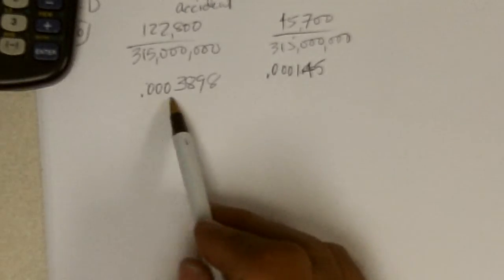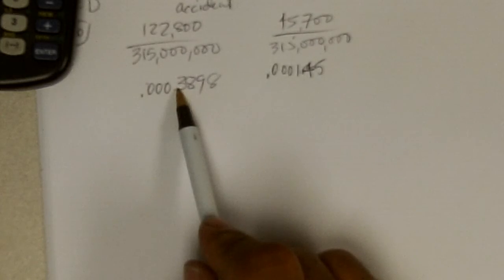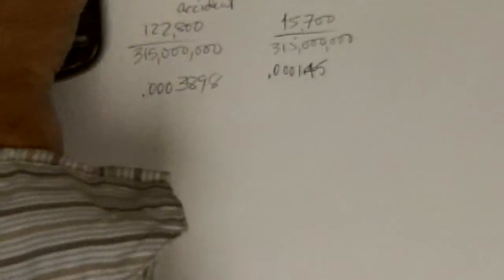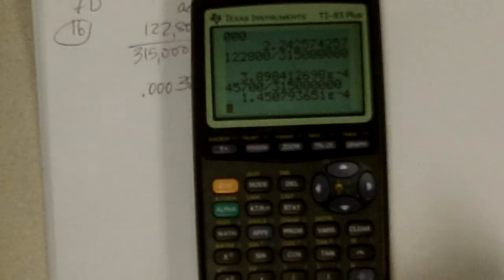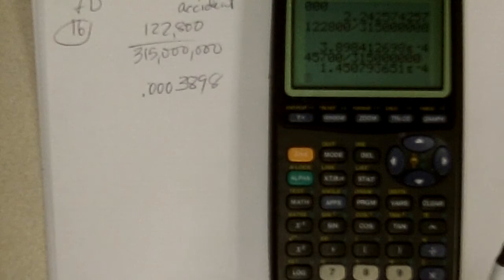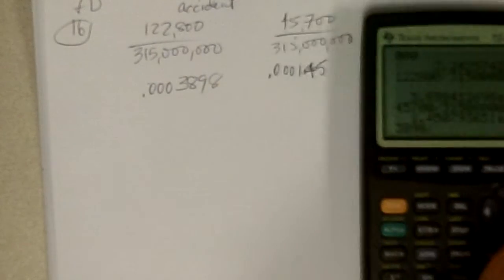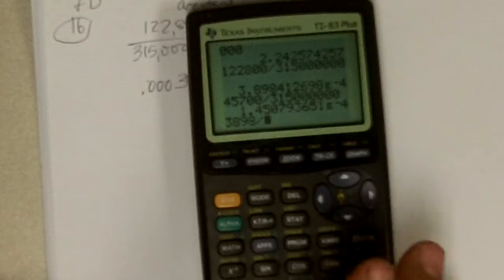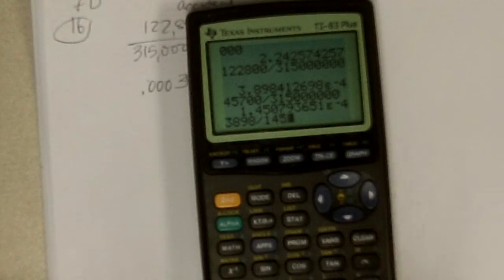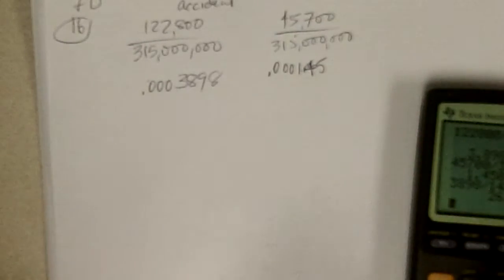And you can see that number is almost a quarter of that, a third of it, something like that. We can figure that out. We can take the 3898 divided by, that's 4 decimal places over, 145. Nope, I got something off here.